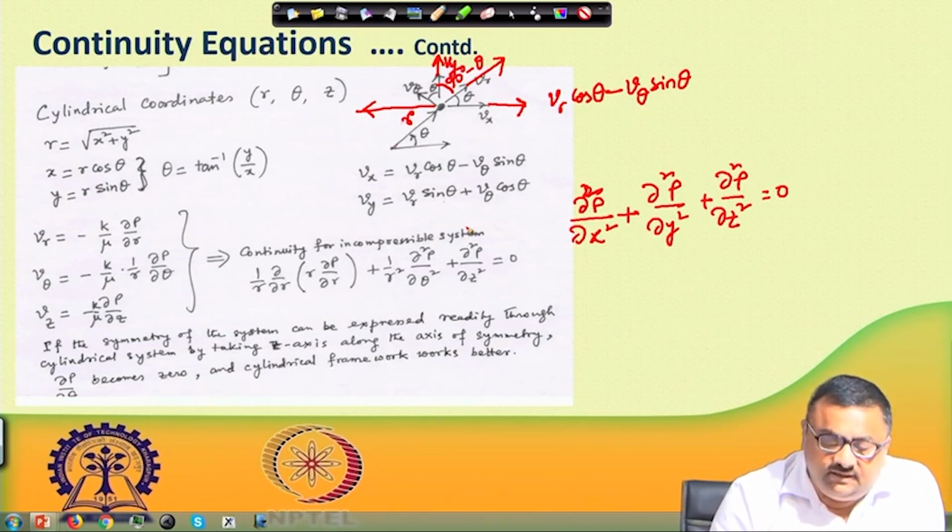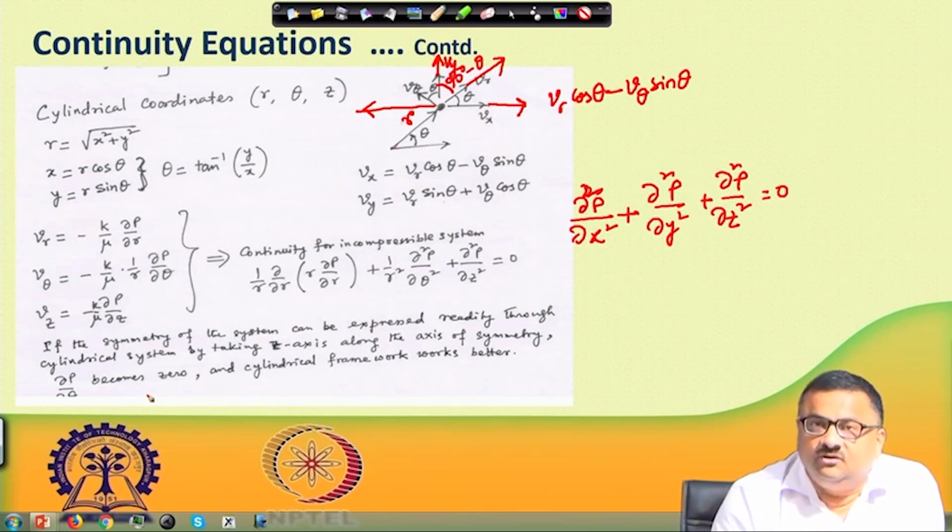The merit is that if the symmetry of the system can be expressed readily through a cylindrical system by taking the z axis along the axis of symmetry, del p del theta becomes 0. So, when we do not have to consider this term, and if you are working with a 2-dimensional system, then you are left with only this equation, and this is of advantage to me.